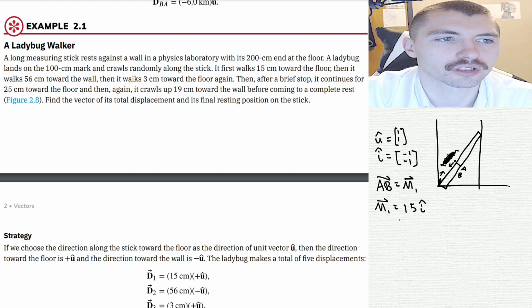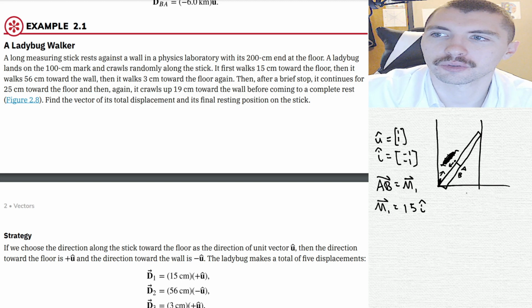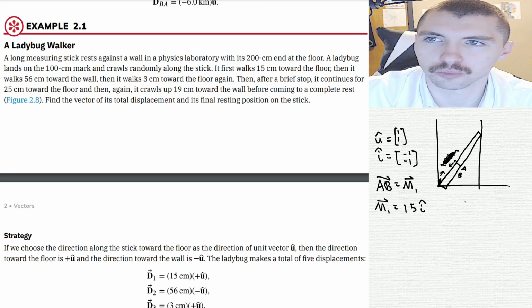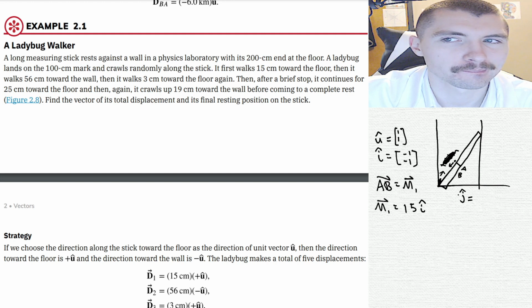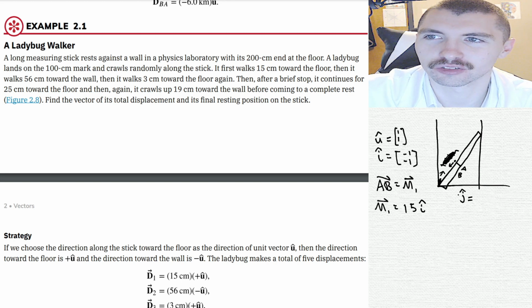And then it walks towards the wall. So we're going to say J hat towards the wall will be... let me make sure I have these numbers right. So the unit vector is going up. 15 centimeters towards the floor, so this is to the floor.